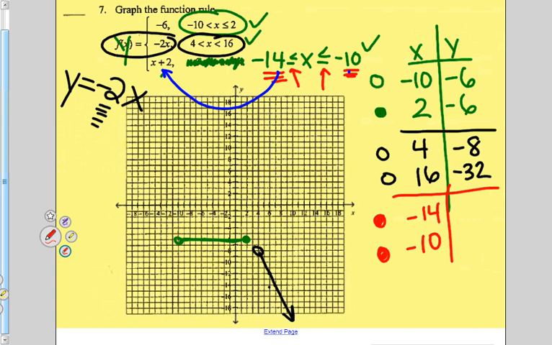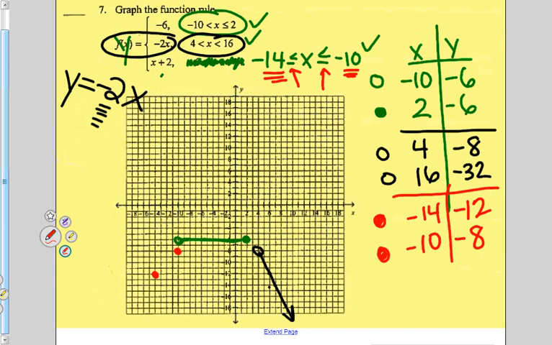What's -14 plus 2? -12. What's -10 plus 2? Negative 8. So those should be the two endpoints for that red piece. Negative 14, comma, negative 12, right about there. And negative 10, comma, negative 8, right about there.